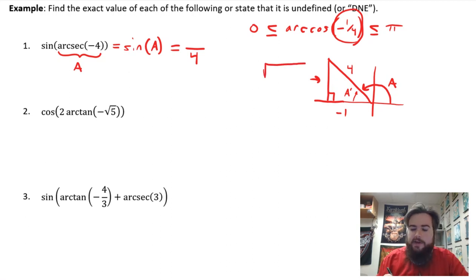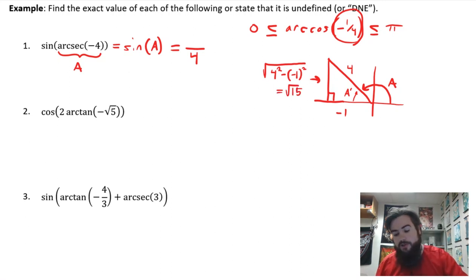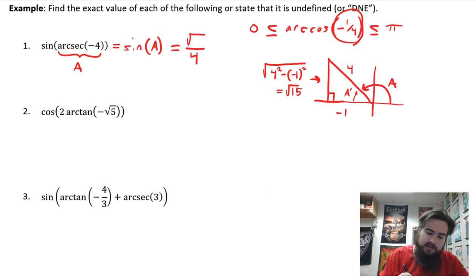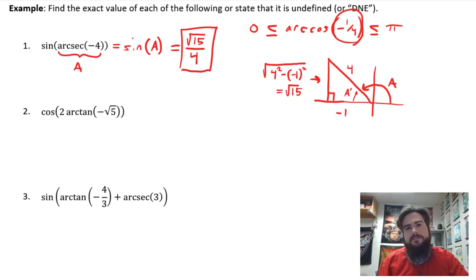The Pythagorean theorem here, taking the hypotenuse squared and subtracting the adjacent side squared. So 16 minus 1 would give us the square root of 15. This ratio would end up being positive since we are in quadrant 2, where the y-coordinate, or the y-side length, should end up being a positive. So that's positive square root of 15, giving us our final answer.